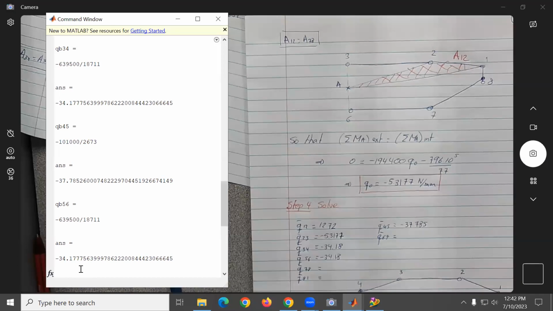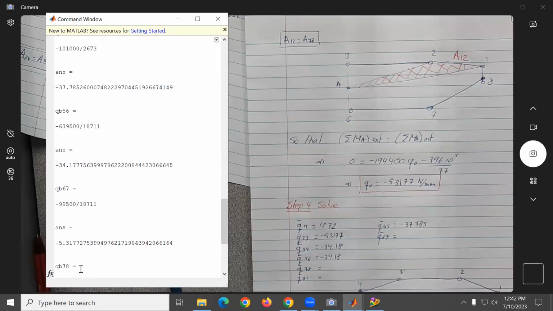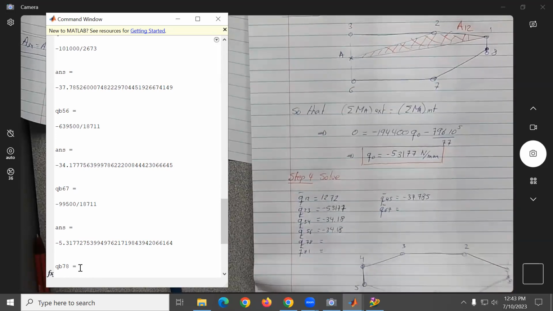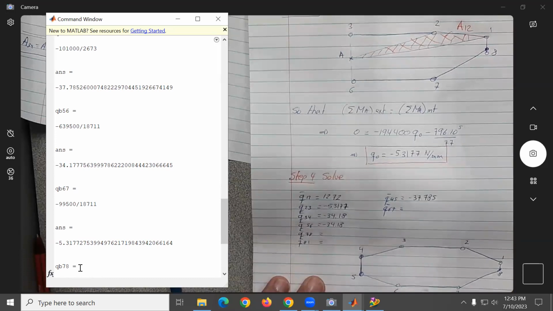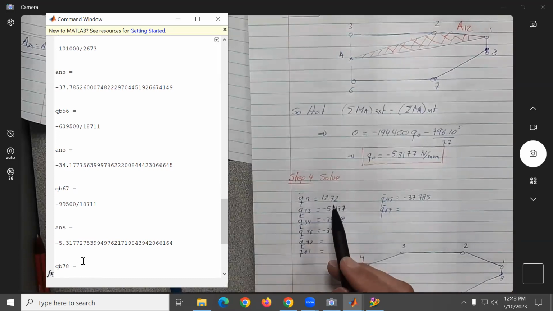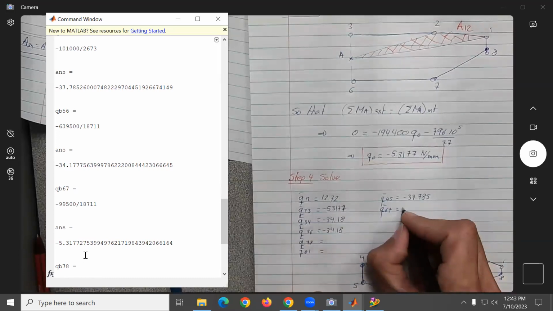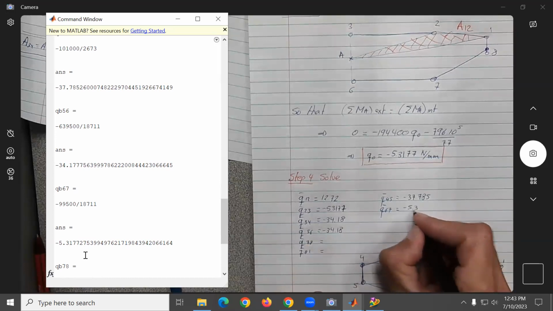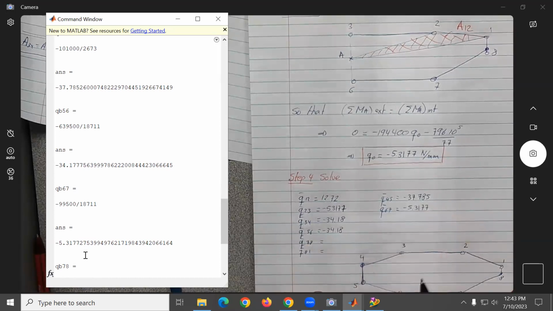Then we go to Q67, which is also the same as Q23. So 6,7 is the one here at the bottom, where we made the cut, so it should be equal to the same as Q23, so minus 5.3177.